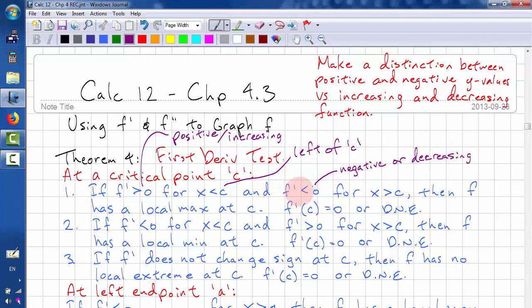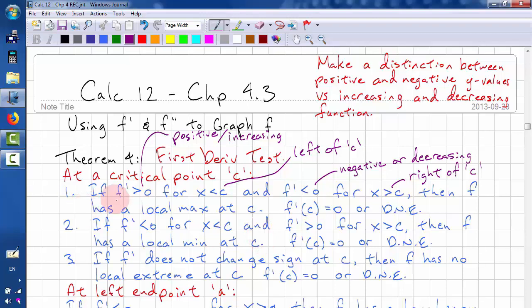Okay, so it's the derivative, not the f values. For x greater than c, so right of c, then f has a local max at c. And f prime of c can equal 0 or does not exist.